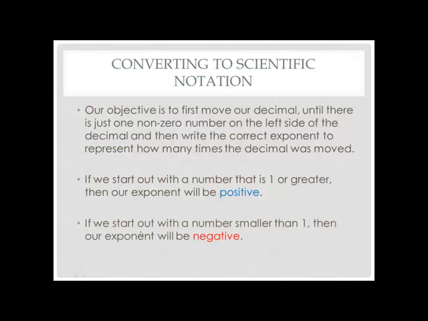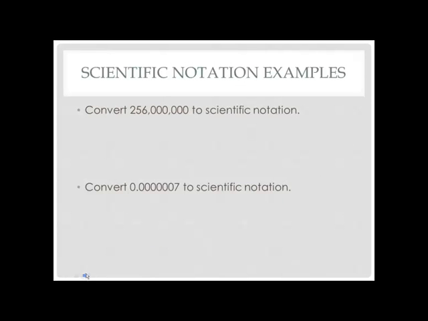If the number we start off with is smaller than 1, then our exponent will be negative. So if the number that we start off with is 1 or greater, the exponent will be positive. If the number that we start off with is smaller than 1, then our exponent will be negative. Okay, so let's look at a couple of these problems.